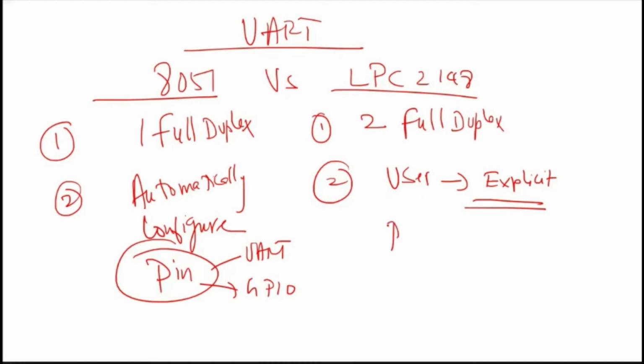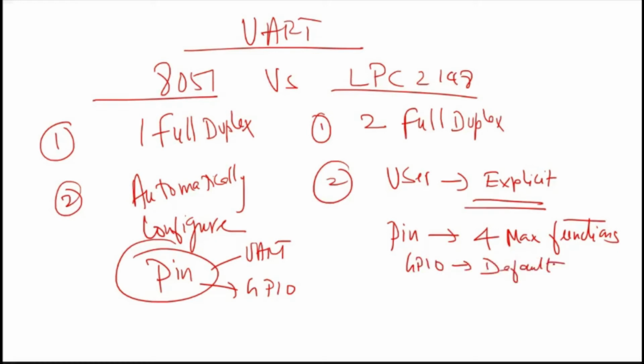Every pin in LPC2148 has a maximum of 4 functions. GPIO is the default function. If you are planning to use a pin for the default function, you need not say anything. But if you are planning to use it for some other function, then you have to tell the microcontroller.